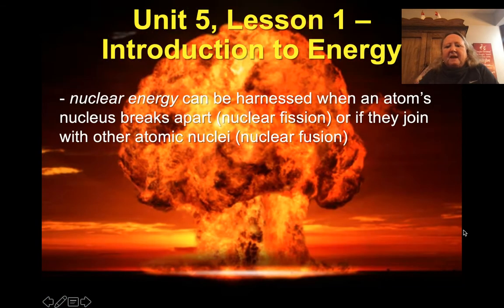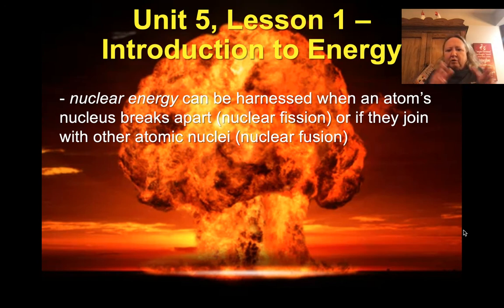All right, and our last type of energy is called nuclear energy. And it is harnessed or collected when an atom's nucleus, remember back to the atom, you've got the nucleus, neutron and proton, is broken apart using what's called uranium, and we'll get into that later in the school year. That's called nuclear fission.